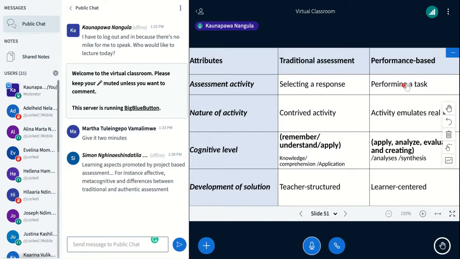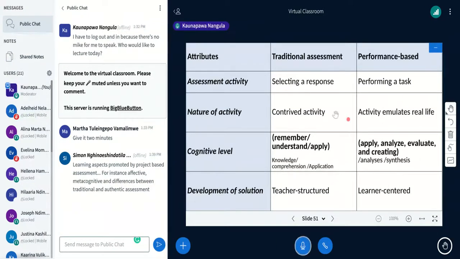Performance-based is really doing the task, showing that they know by doing the task. Contrived activity: contrived means they are not super authentic. We're talking about authentic and inauthentic activities. So the nature here is inauthentic activity, created just for the sake of testing students. And then the activities in performance-based assessment emulate and reflect what really happens in the real world.